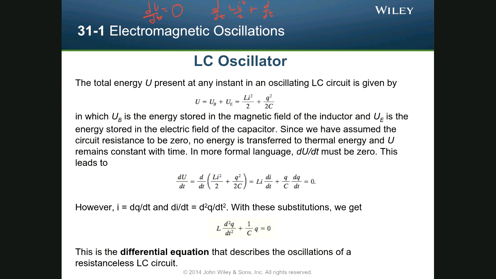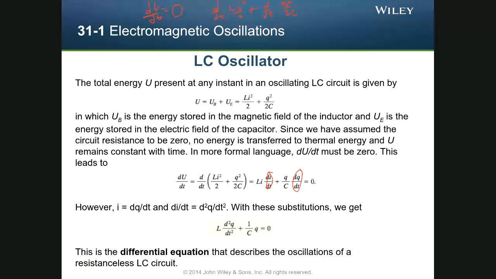So if we look at Q squared over 2C, we can rewrite this equation and separate each of the square terms. You'll notice you have an Li, and then you apply the derivative to a single term here, and they do the same thing here, right? To dq/dt.